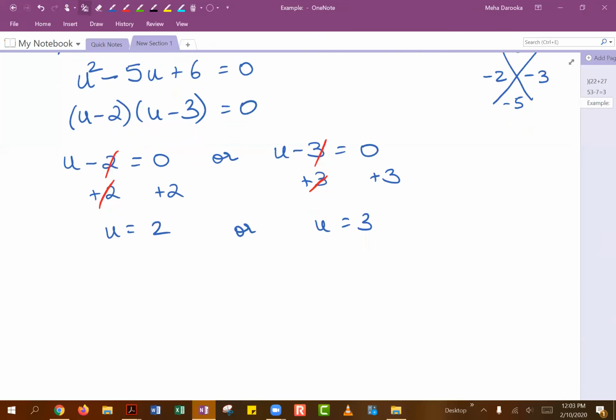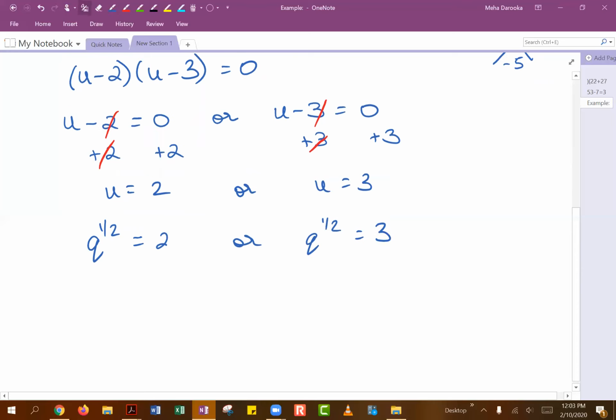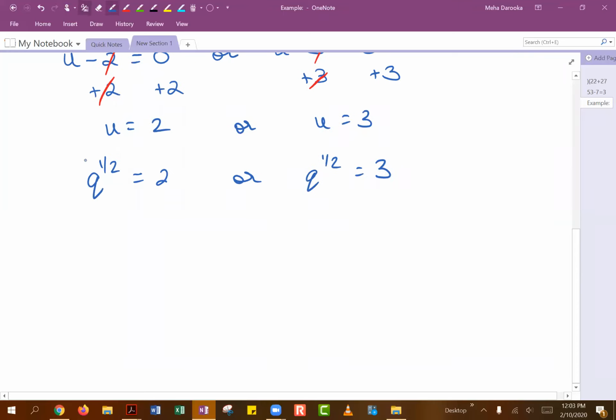So we're going to have q to the 1/2 equals 2, and q to the 1/2 equals 3. This is basically a square root.